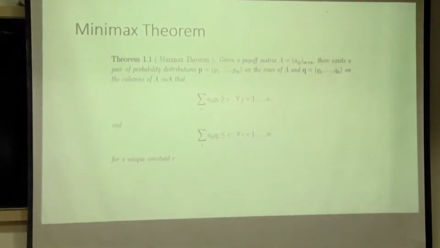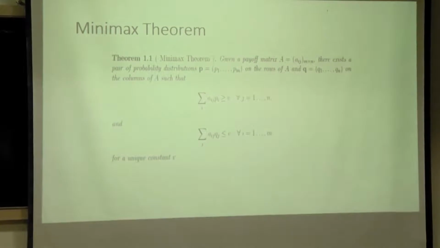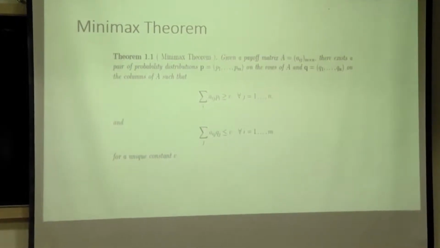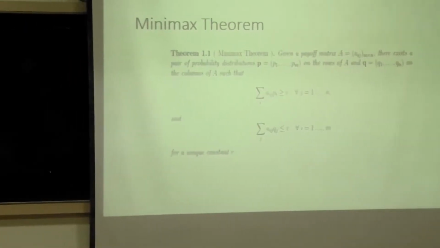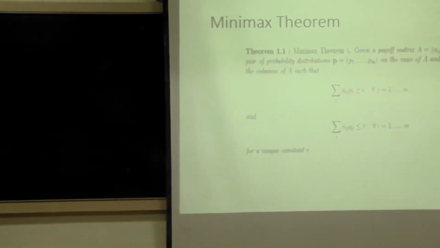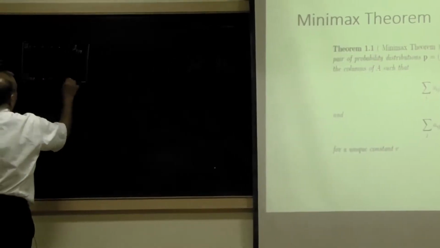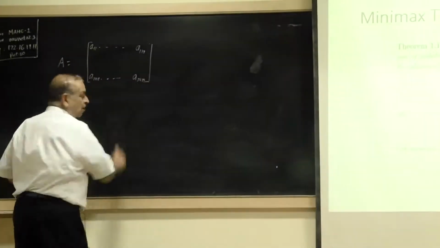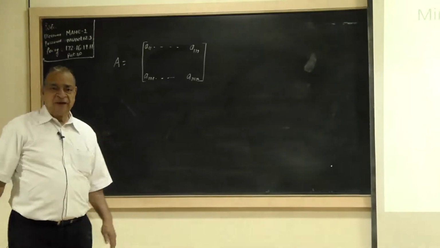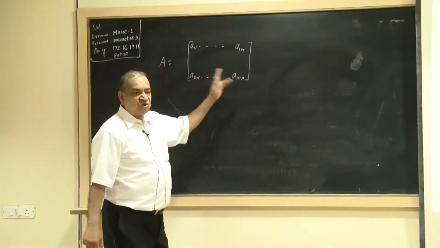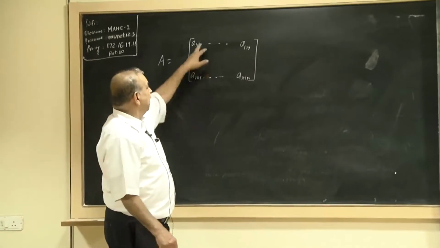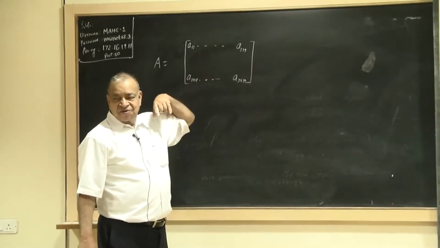Suppose you are given a matrix A, which is called a payoff matrix. Player 1 chooses one of these rows. Player 2 chooses one of these columns.